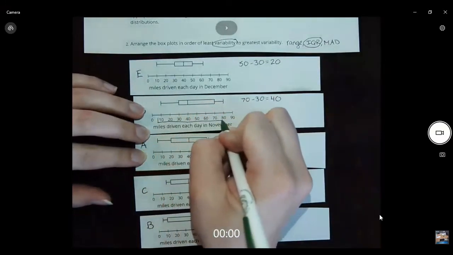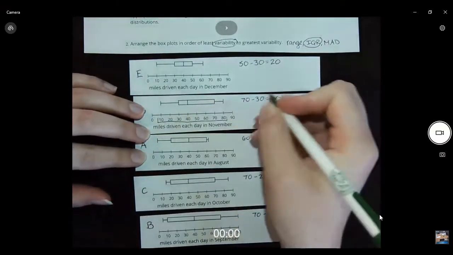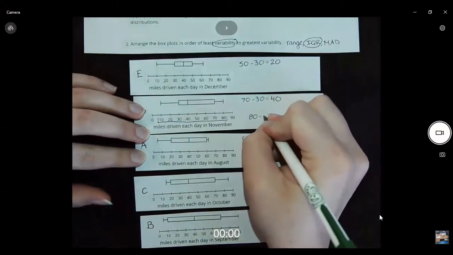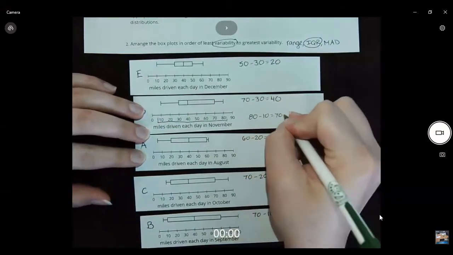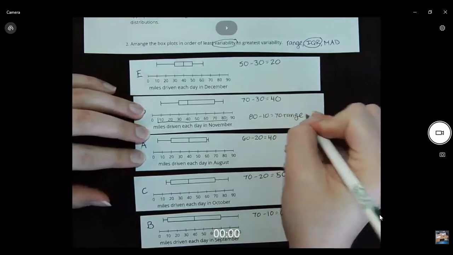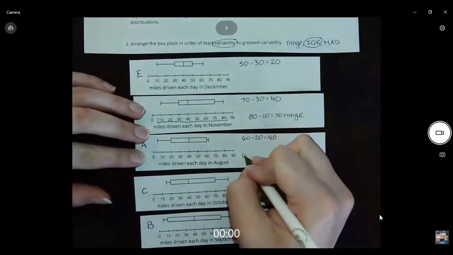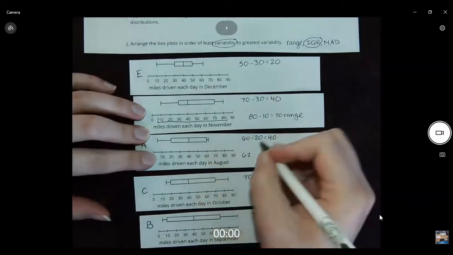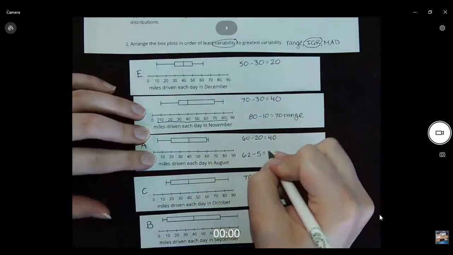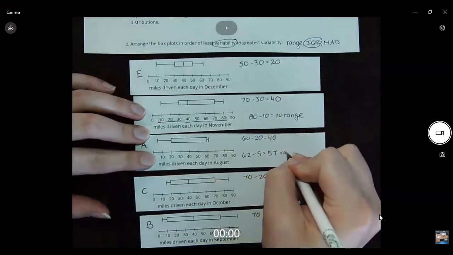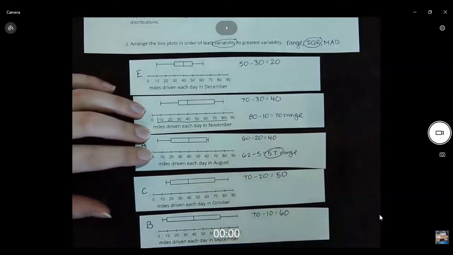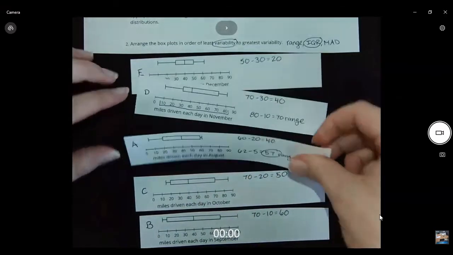This one goes from 80 to 10, so the range would be 70. And this one goes from about 62, it's a little hard to see, to maybe about 5 if we had to estimate, to give us 57. So this range is smaller, so I'm going to say that this one comes before D.